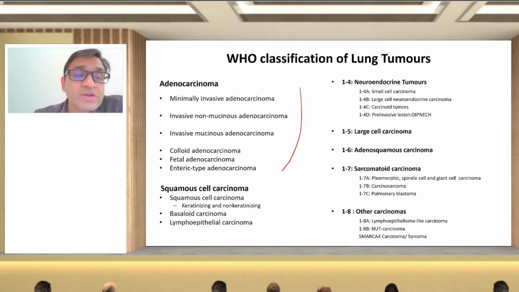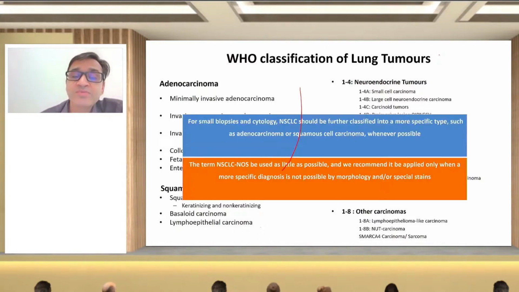Two other types of squamous carcinoma are basaloid or lymphoepithelioma-like carcinomas. Neuroendocrine tumors and large cell carcinomas are the other subtypes which we regularly encounter in the lung. For large cell carcinomas, the diagnosis should be restricted only to the resection specimen and should not be offered on biopsies. And these are the other subtypes of the tumor.